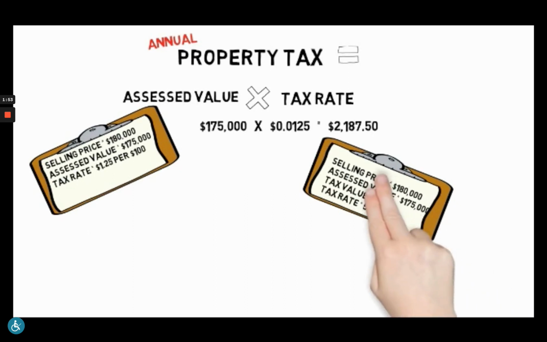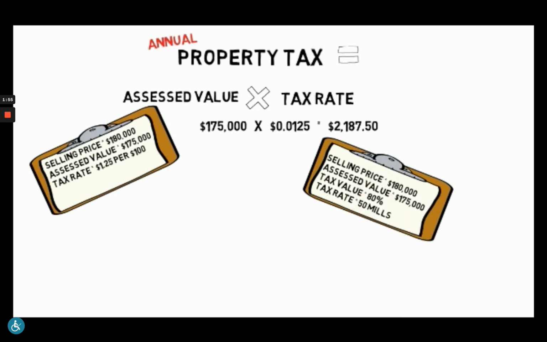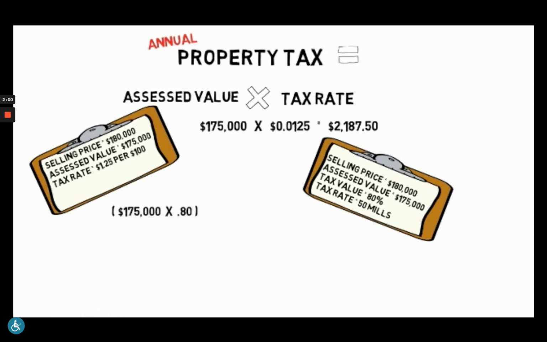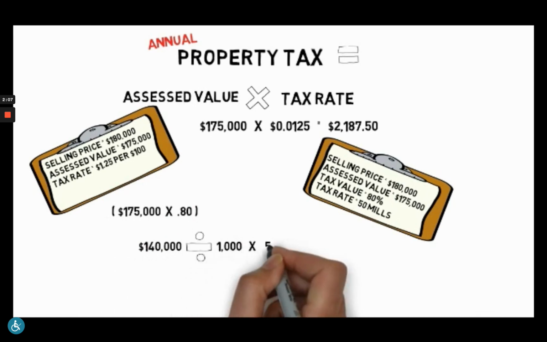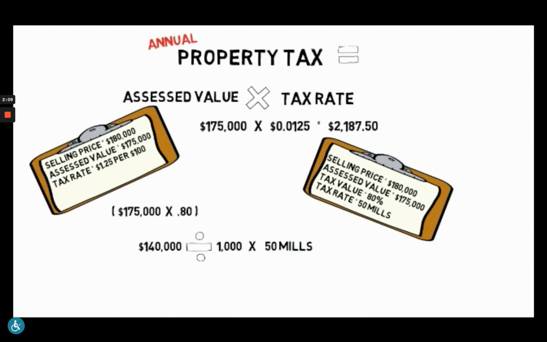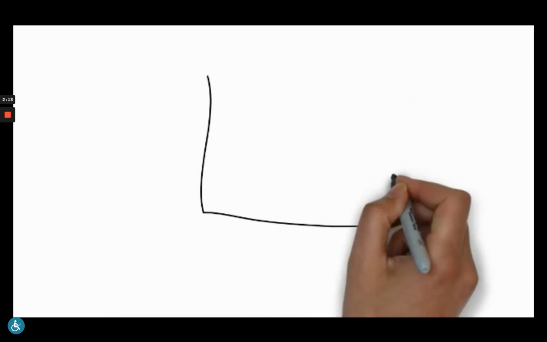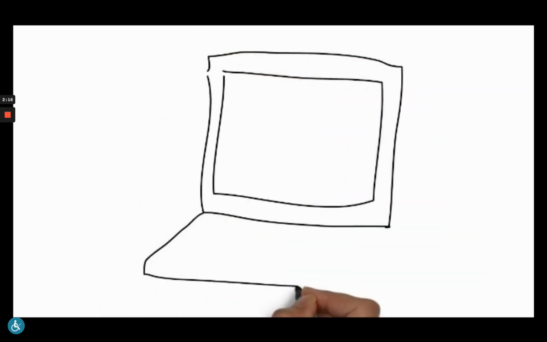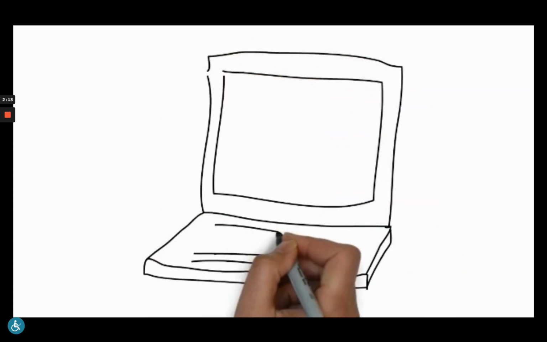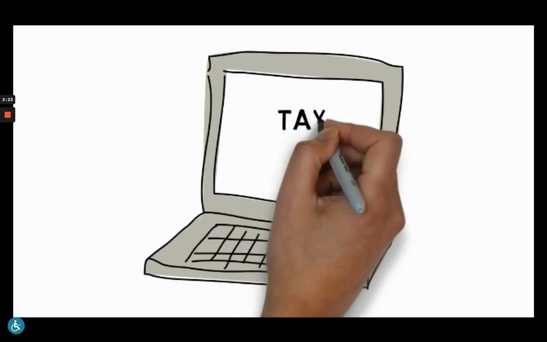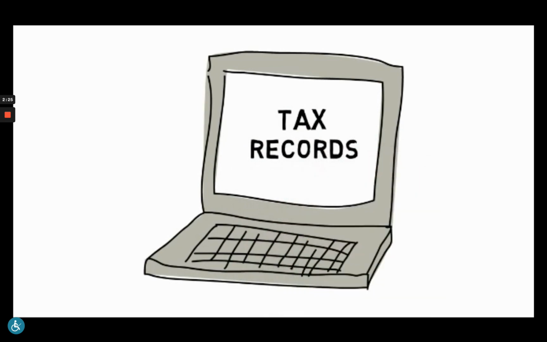For example, an area may only tax at 80% of the assessed value instead of 100%. The tax rate may be provided in mills instead of dollars and cents. If that's the case, you divide the tax value by 1,000 and multiply by mills to get the property tax value. Don't want to do any of these calculations? You're not the only one. Check out the public tax records to get an idea of what someone may pay in property taxes. In the meantime, you'll find these formulas and others on your real estate math cheat sheet. Check it out.